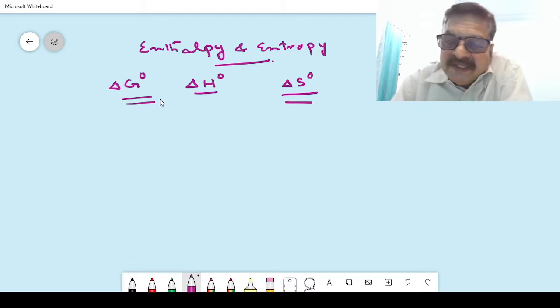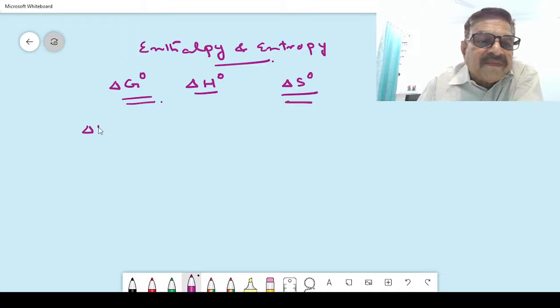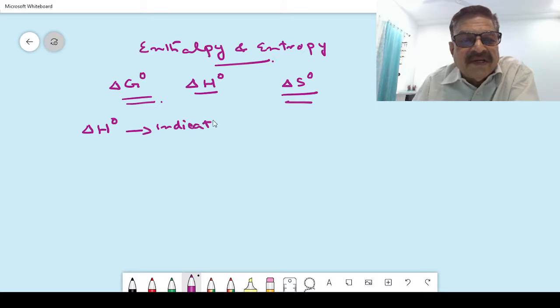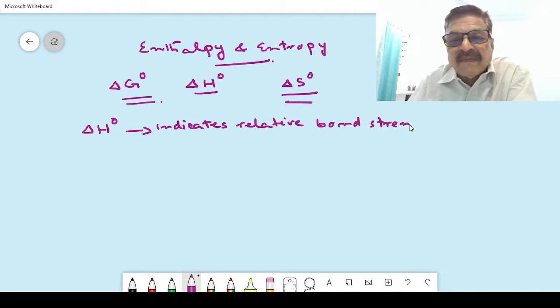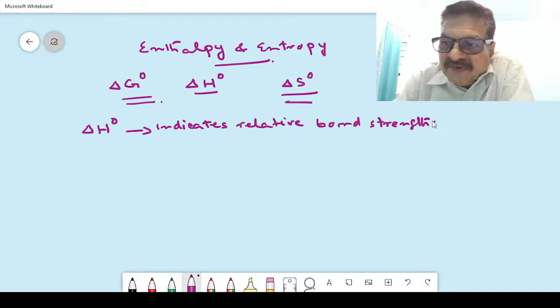That is the delta H. It indicates the relative bond strength. Delta H indicates relative bond strength. We have seen that.